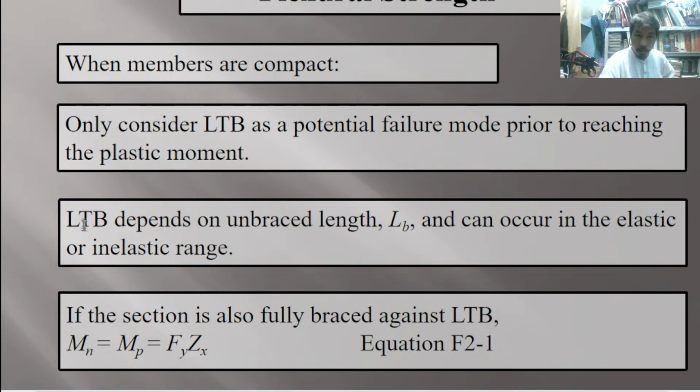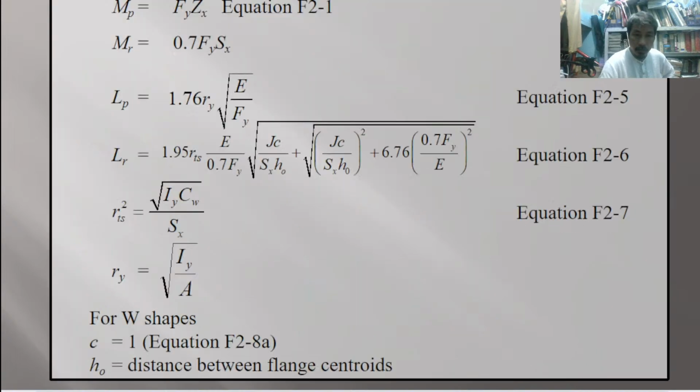According to the code, LTB depends on unbraced length, Lb, and can occur in the elastic or inelastic range. And if the section is fully braced against LTB, Mn is equal to Mp is equal to FyZx. This is equation F2-1 from the code.